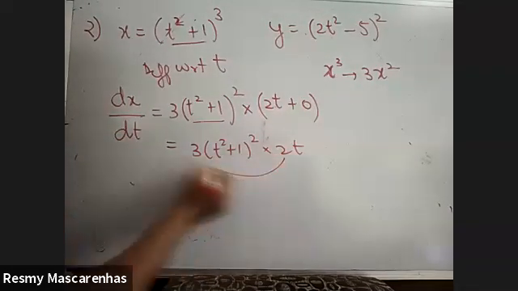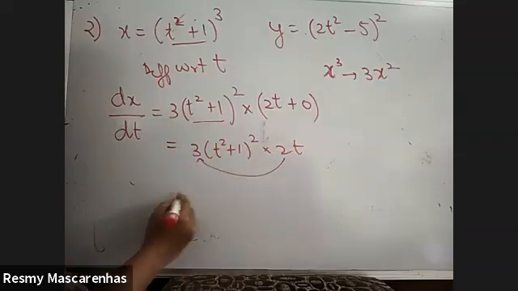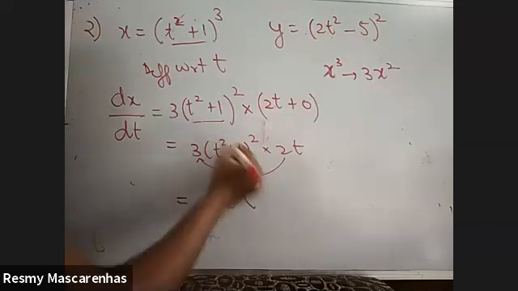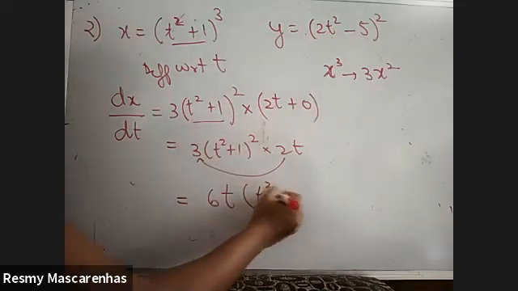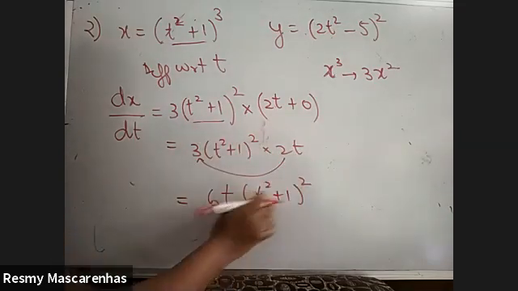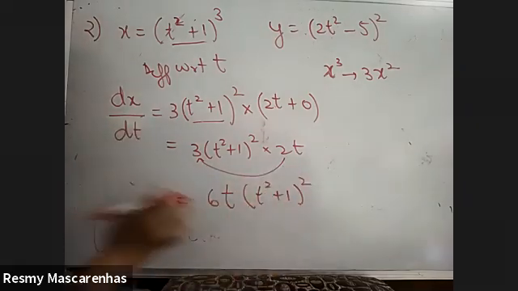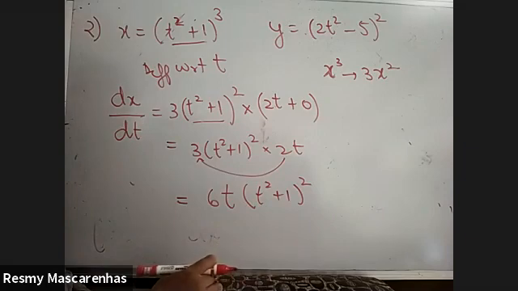Now 3 into 2, I just wrote it in front. So 3 into 2 will be 6t and (t square plus 1) the whole square. No need to open up the bracket, a plus b the whole square and all. Just keep it like this only. So this is dx upon dt. Now, understood how you got 6t? Yes. Okay.